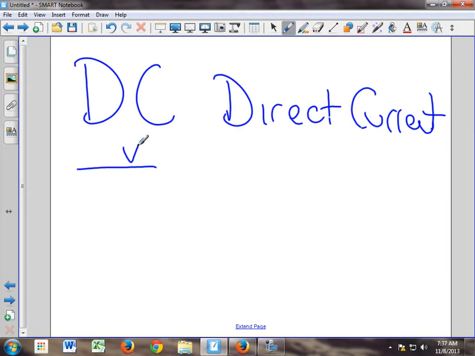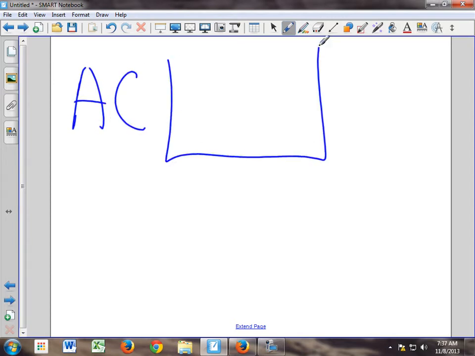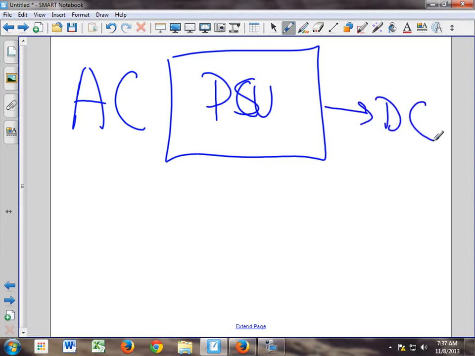And when it comes to PCs, we have AC in from the wall, we have a power supply in the middle, and then we have DC coming out, okay? So the power supply acts as a what? Do you remember what those two terms are? Power conversion.